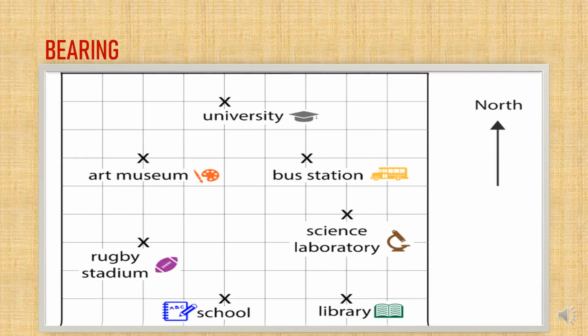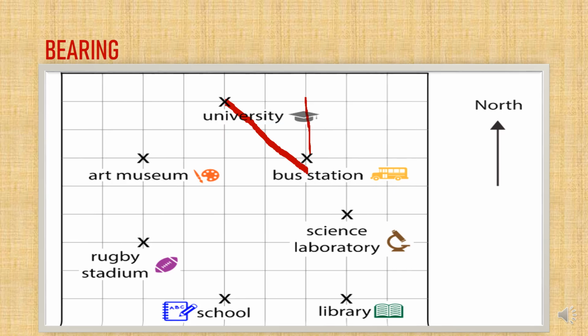is this one. Right, I would like to show you how to compute the bearing of university from the bus station. University from the bus station. So the word from is suggesting that the observer is standing at the bus station. So you connect the 2 places with a straight line.